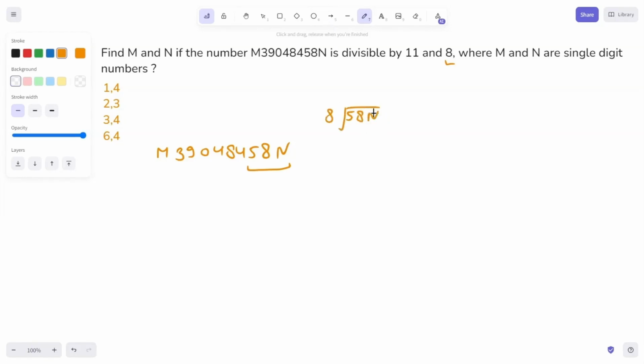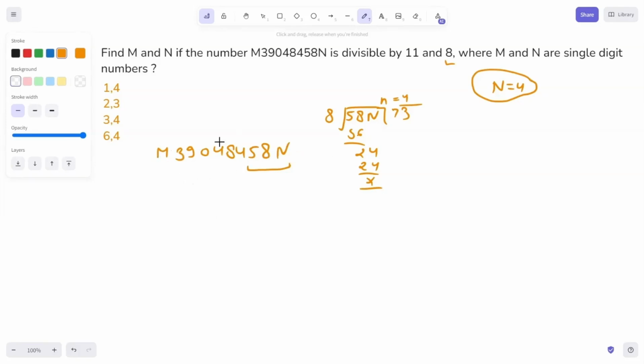Now let's divide. 8 sevens are 56, it is 2 left. Now what should be the value of n so that it is completely divisible? If I put the value of n as 4, it will become 584, and 24 is a multiple of 8, so it divides 3 times. So the value of n will be 4. If we put the value 4 into this number, it is completely divisible by 8.